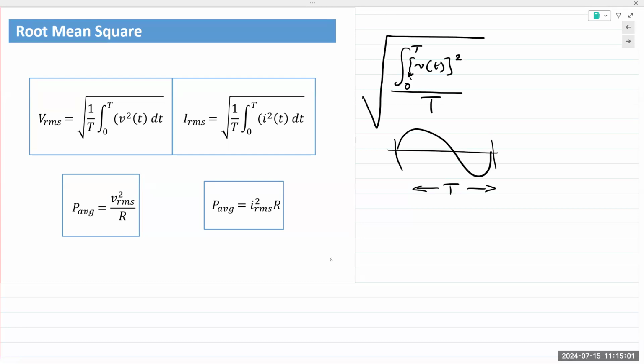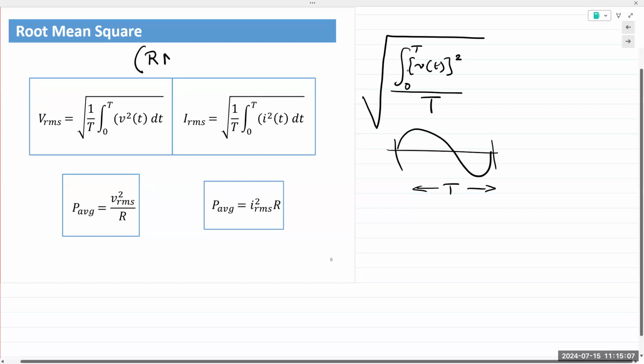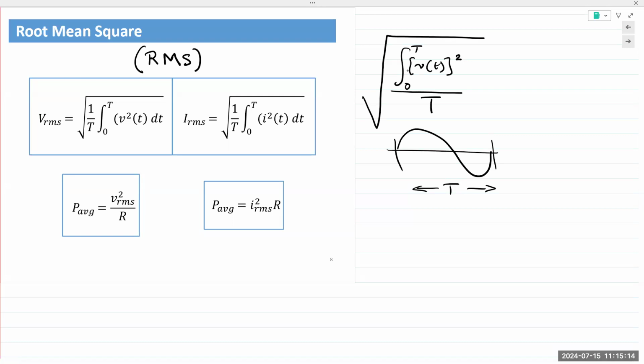And hence, we obtain a value that is known as the root mean square, or more commonly known as RMS. So the RMS value of the waveform is what the average value of the AC waveform would be. It is the AC equivalent value that would describe the same energy as a DC value.